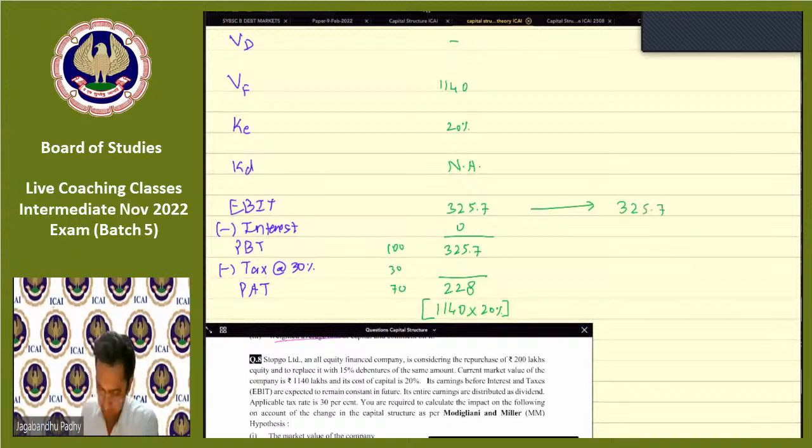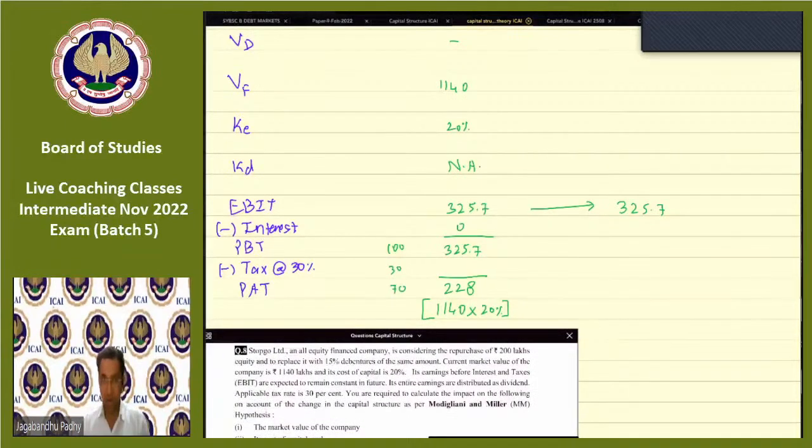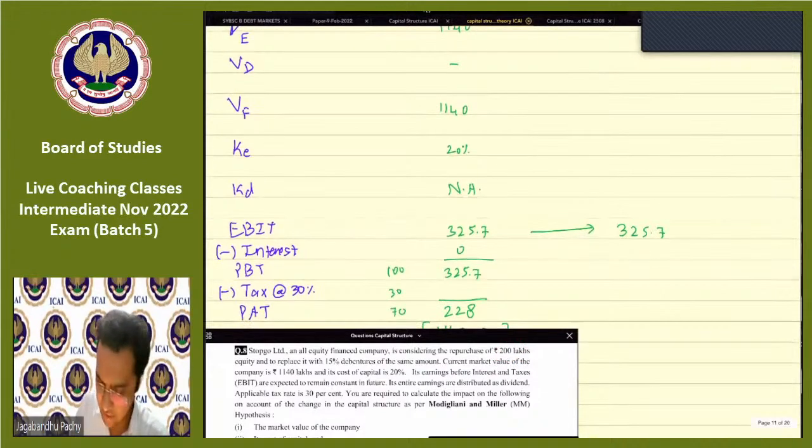It's just that, as the question says, we need to have some amount of debentures in our balance sheet. So we are going to buy back 20 lakhs of equity and replace it with debentures. So value of debt will become 200 lakhs. Now this 200 lakh is going to be at a rate of 15%.